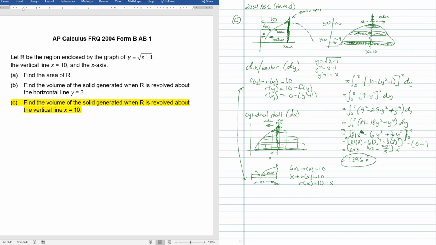Now, that's how you find your radius. If you're going to find your heights, realize that this curve here, going back to the top graph, is always going to be your upper height. Your upper is always based on whatever f of x is, which in this case is radical x minus 1.